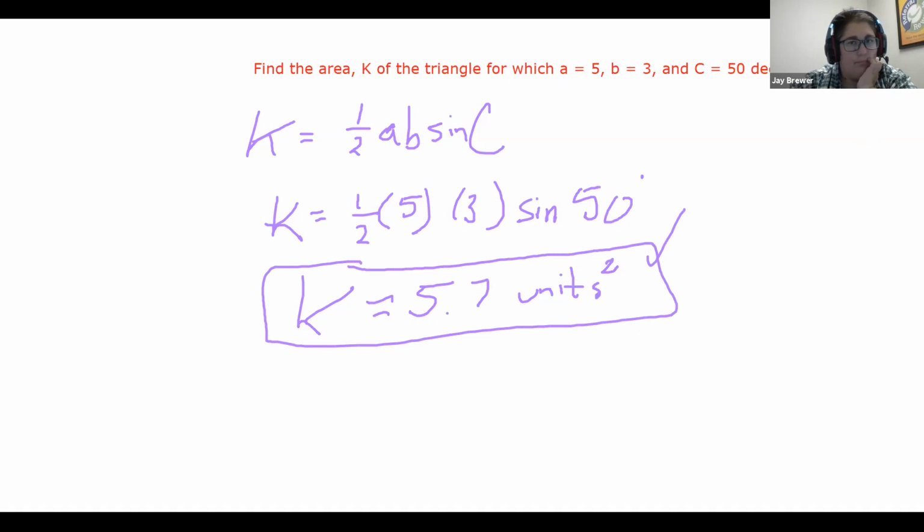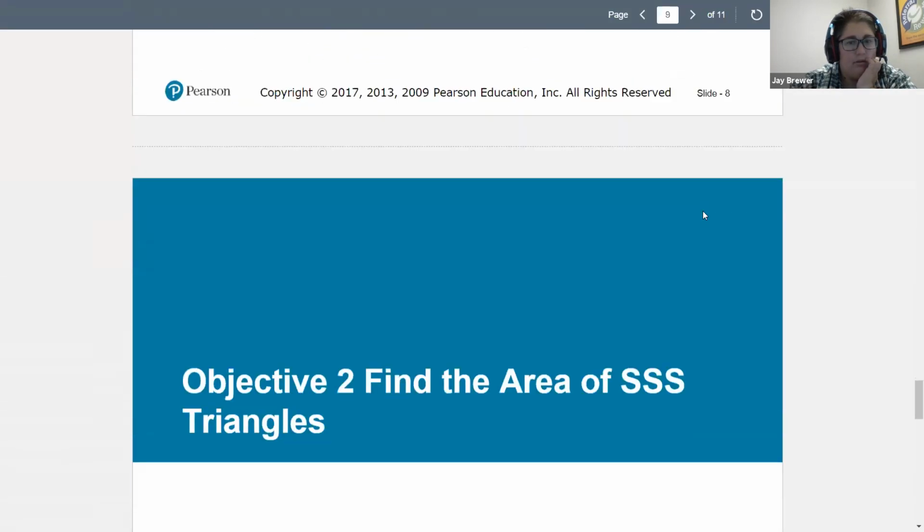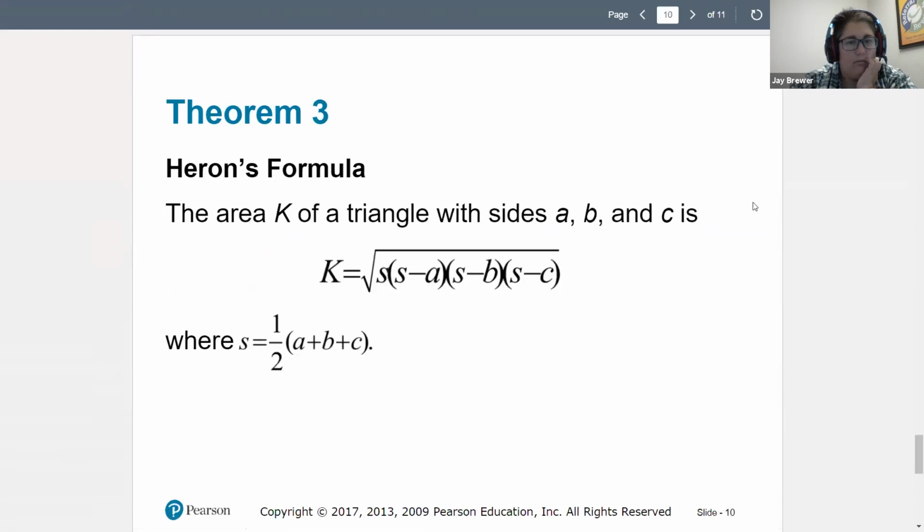Okay. Now, the following theorem, okay, here's your theorem. Heron's formula. The area K of a triangle with sides A, B, and C. So we're going to solve for the following.